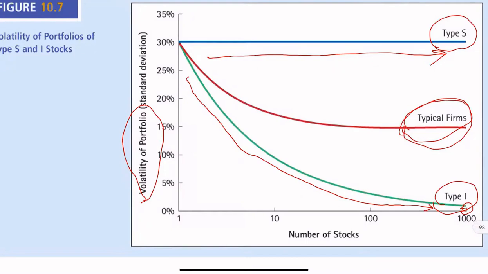As you increase the number of stocks, you indeed enjoy this diversification benefit. However, in the end, the portfolio will contain almost only systematic risks. As you increase the number of stocks, the level of systematic risk will almost stay the same, so you won't enjoy a lot of diversification benefit.